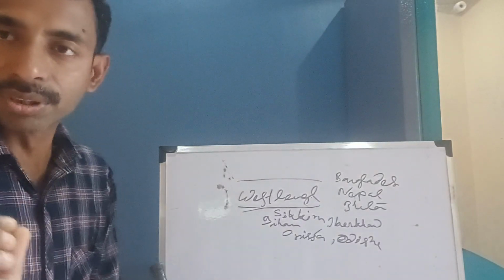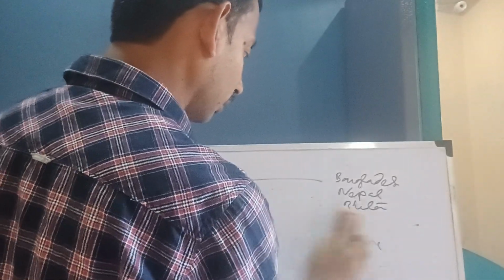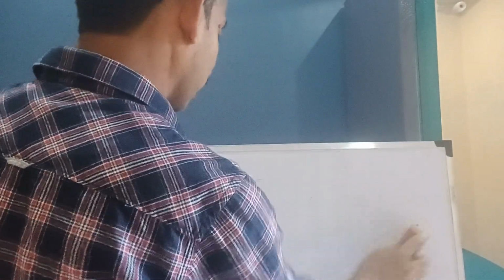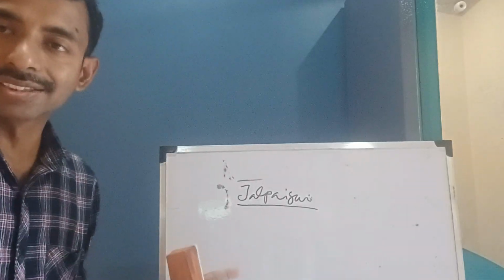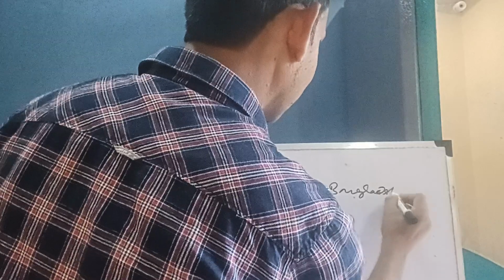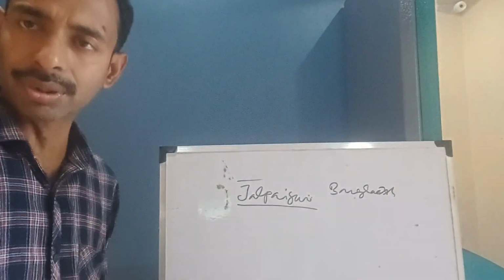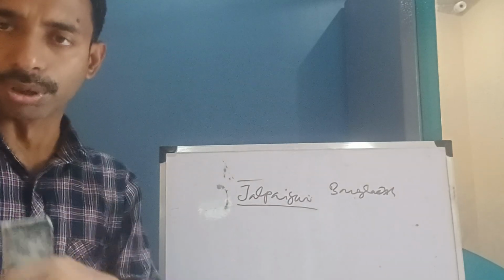I am taking the example of Jalpaiguri. Say you belong to Jalpaiguri district. Jalpaiguri shares its international border with Bangladesh. There are many districts of West Bengal that share border with Bangladesh, because it is the largest border.